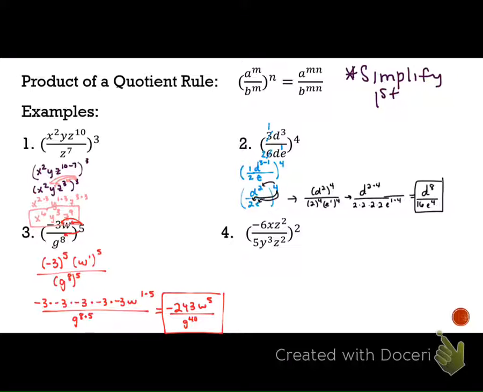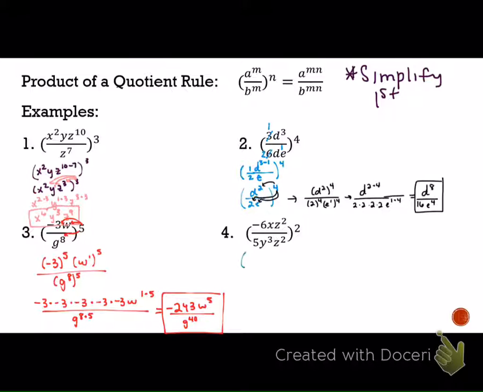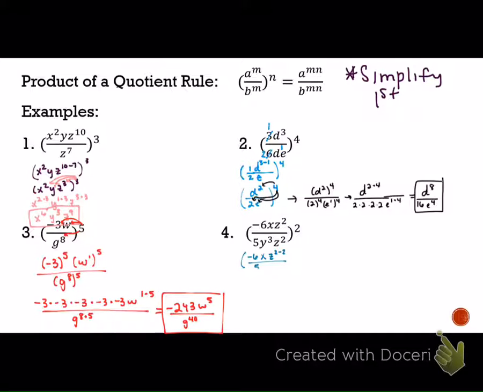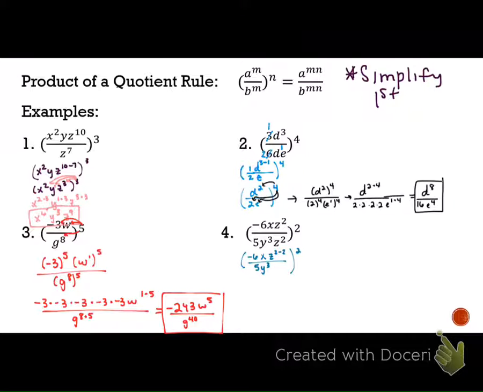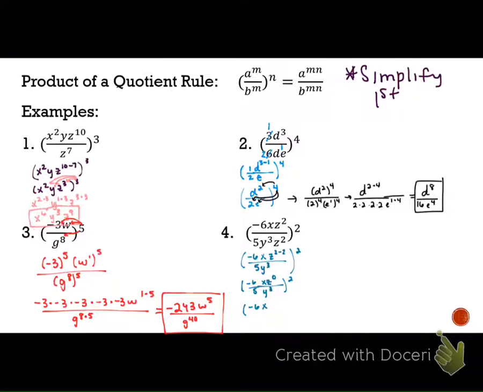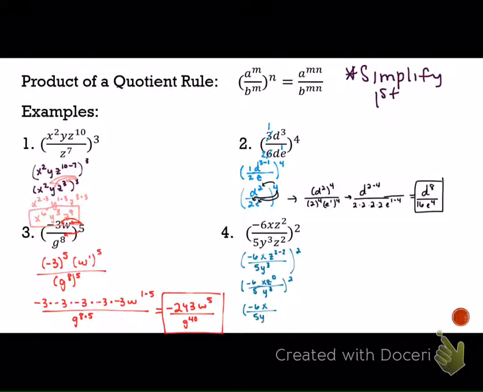The z's. When we divide, what do we do with the exponents? We subtract them. So I have negative 6x, z to the second minus 2 on top, and then I have 5y to the third, all squared. So 2 minus 2 is? What do we know anything to the 0 power is? So do we even need that z in there anymore? Anything to the 0 power is 1, so this is where we're left.